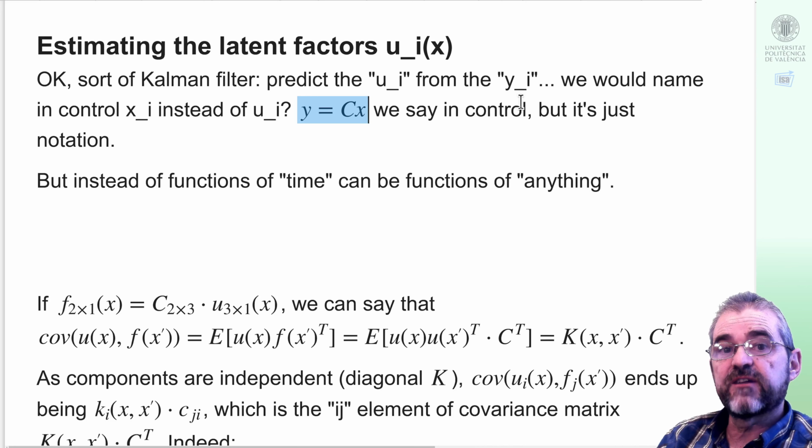We have some internal variables that behave according to some stochastic differential equation with some random inputs and whatever. Those internal variables cannot be directly measured, so we measure some outputs and we want to estimate the internal variables. Then in control we call that state observation, Kalman filter, or RTS smoothing.